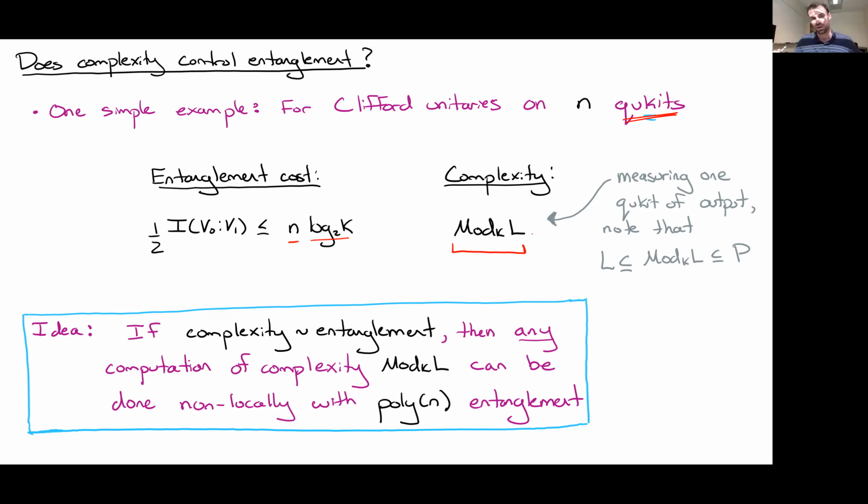One thing you do need to know about this class is that it sits between the complexity classes L and P. So what this means is I have a Turing machine, and it can run for a polynomial number of time steps. Then that machine can predict your measurement outcome from your Clifford circuit.